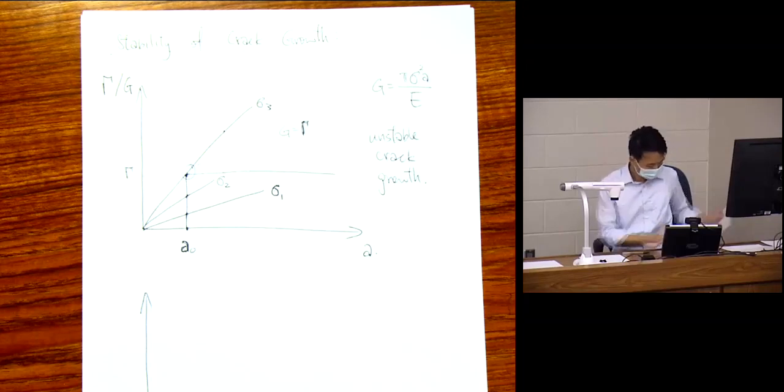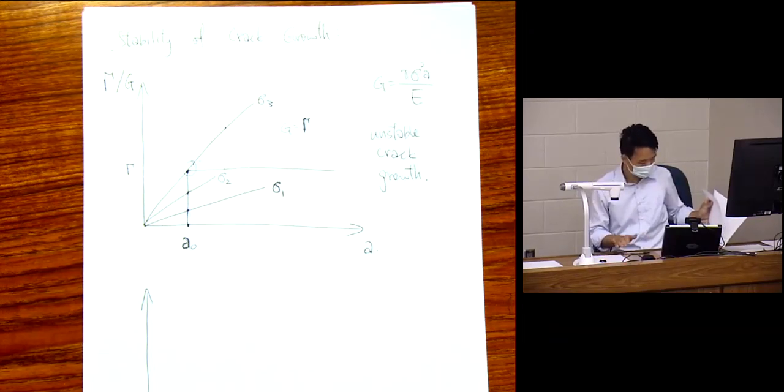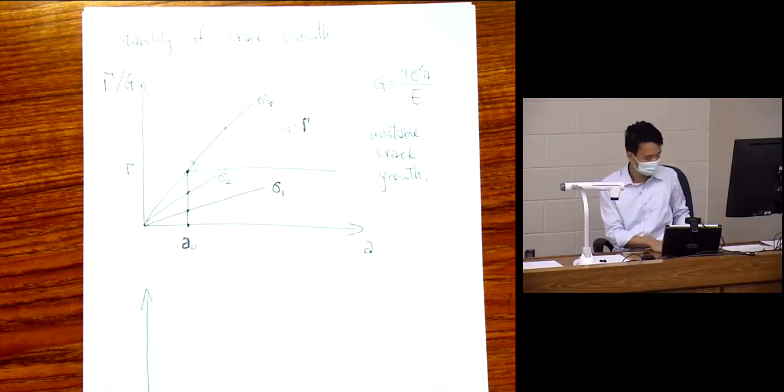We're very close to the end, so let's pick this up next lecture. I'm going to talk about the resistance curve, and we'll also talk about a cantilever beam to illustrate the different scenarios. So I'm going to see you next week.